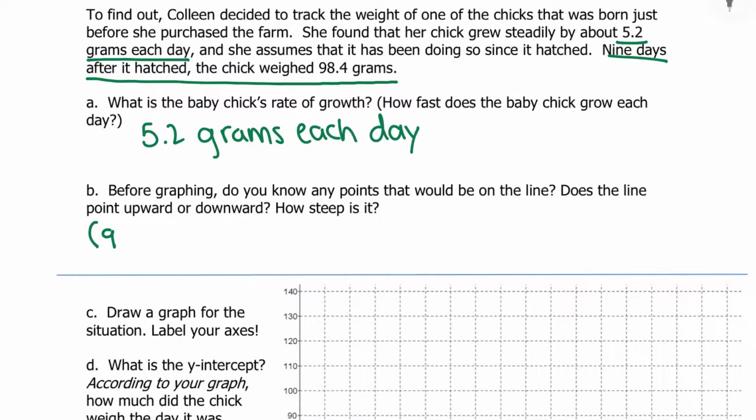The weight is going to be 98.4. And we know that chicks get bigger, so it's going to go upward. And then steepness factor is based on the slope, which is the rate of growth in this question. So steepness factor is going to be 5.2 grams each day.